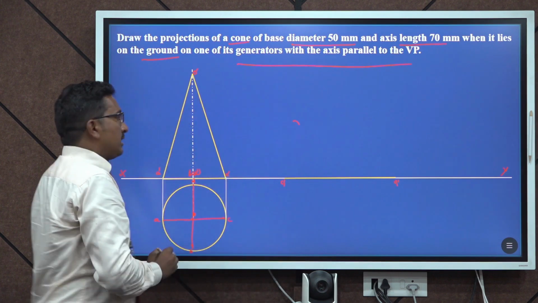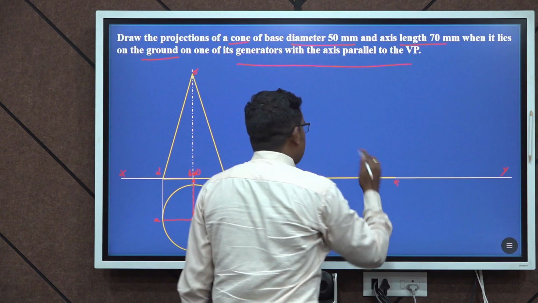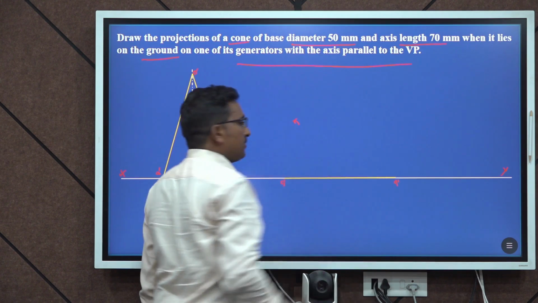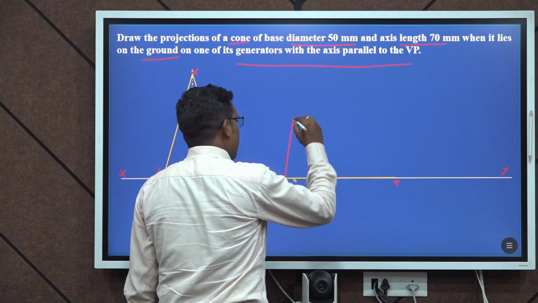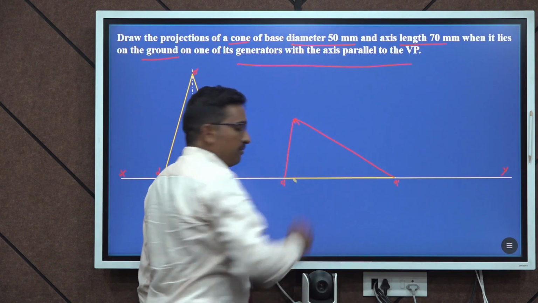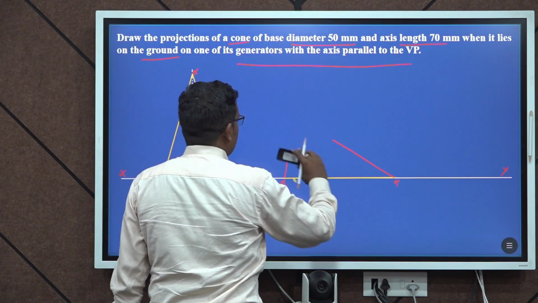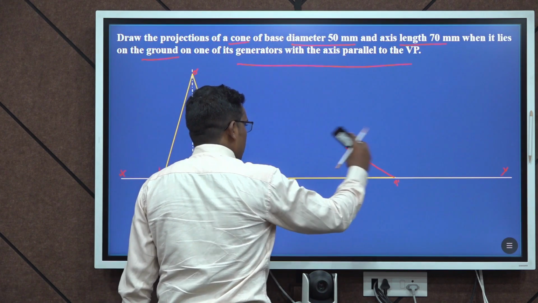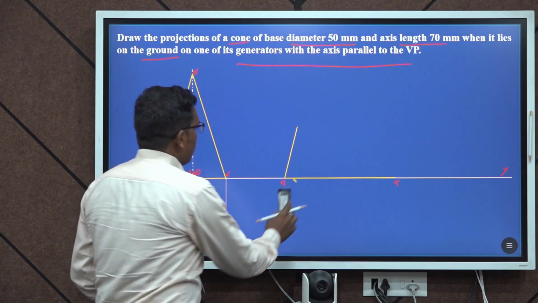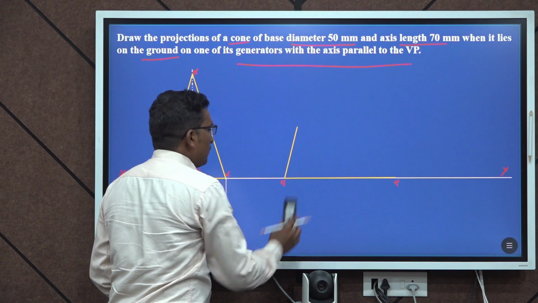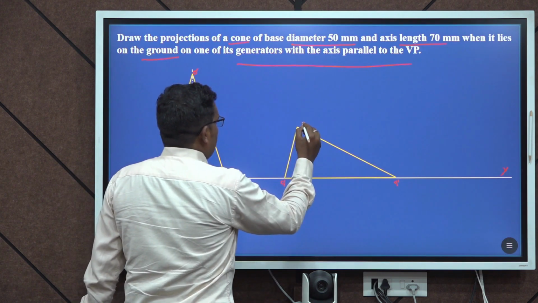Then you have to measure O dash to A dash, make an arc from O dash, and finally join it. This point is A1 dash.